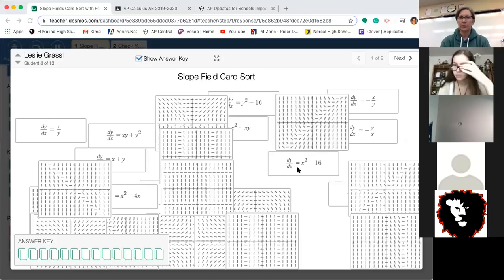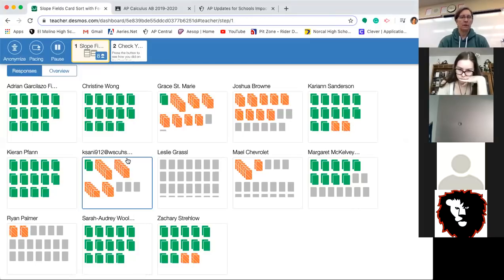Mine are all jumbled up again. Okay, so I'm gonna go out of mine then and see if I can show you. Can you guys see the screen that shows the answers?